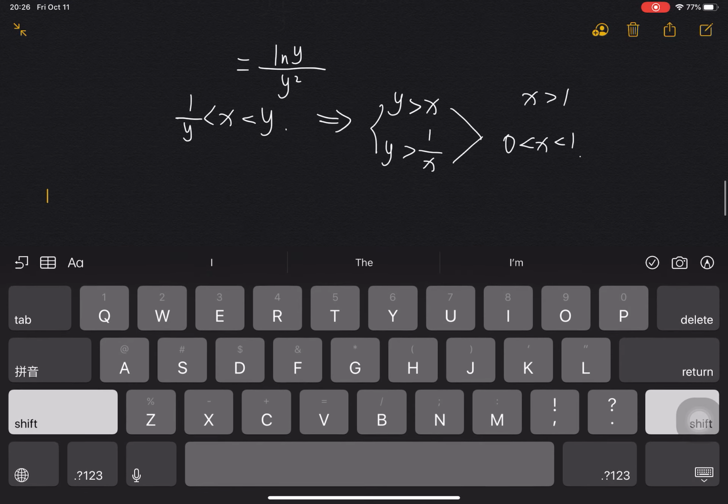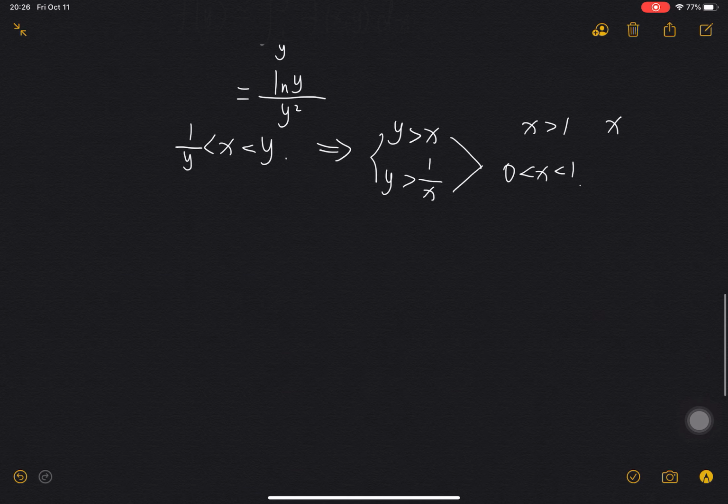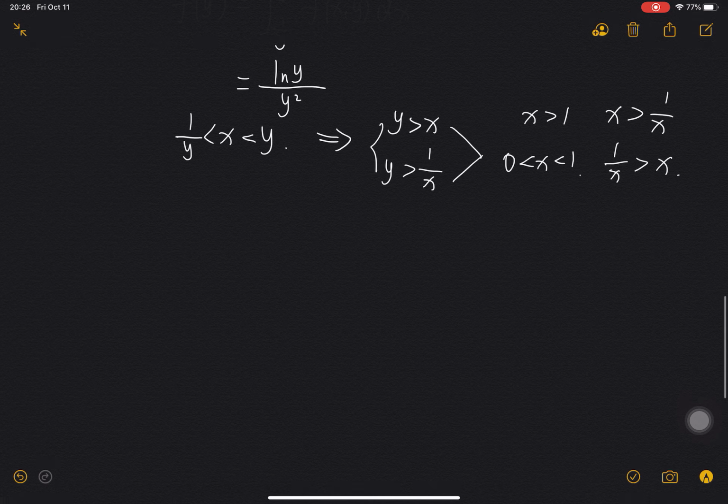Right, because when x is larger than 1, we have x larger than 1 over x. When x is smaller than 1, 1 over x is larger than x, right?